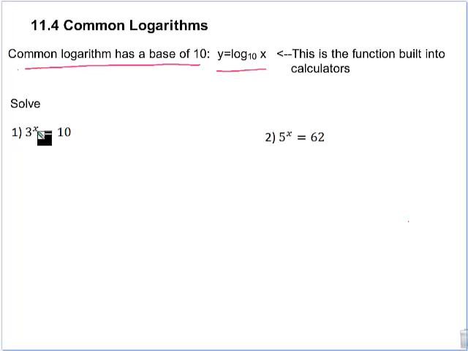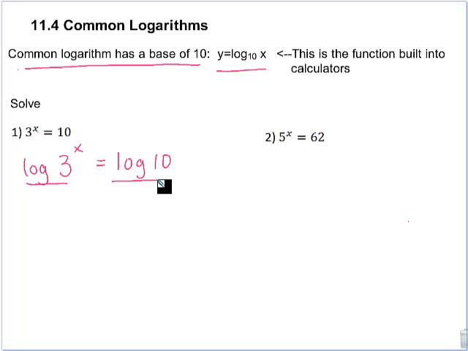So what we can do to solve these problems when we have a variable in our exponent is we can take the log of both sides. So I can take the log of 3 to the x and make that equal to the log of 10. Now when we just write log, that is telling us that the base number is 10.